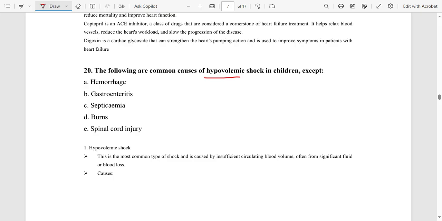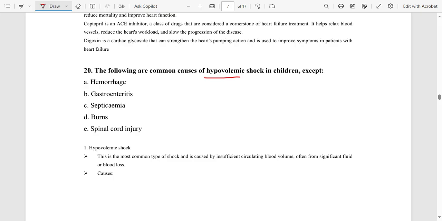Otherwise, we can have spinal cord injury minus blood loss in trauma. But in septicemia, when you have sepsis, this inflammation can make the vessels leaky, and that will lead to hypovolemia.